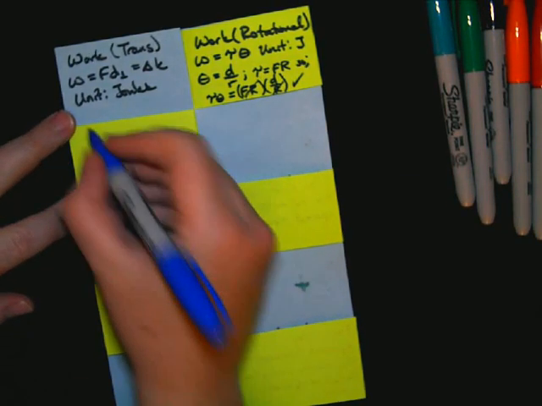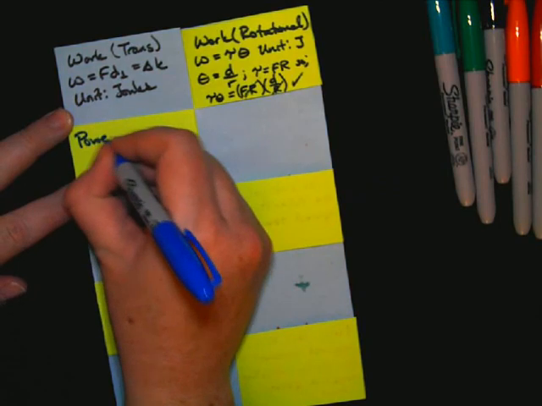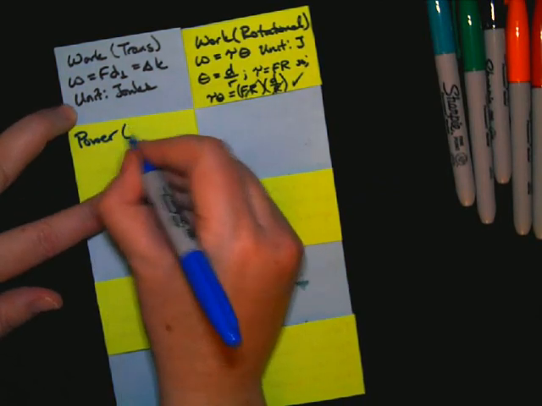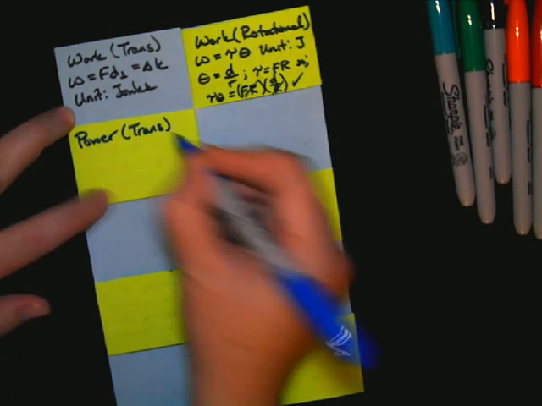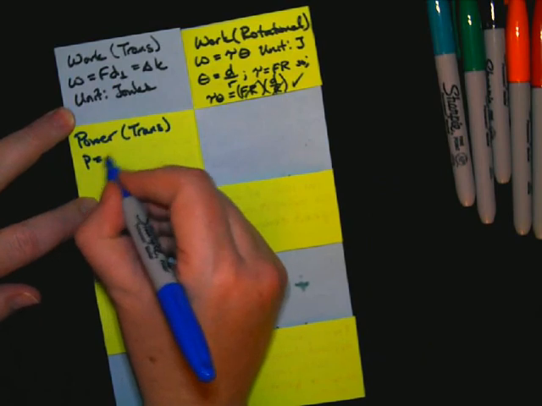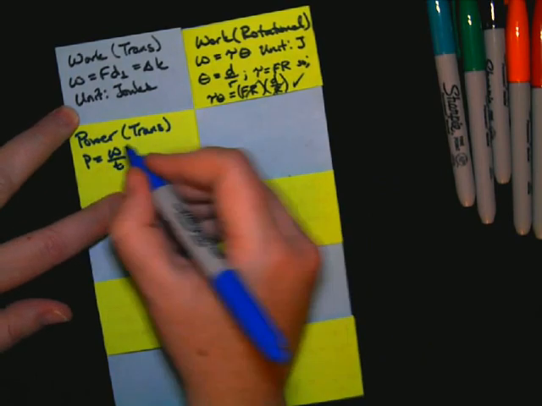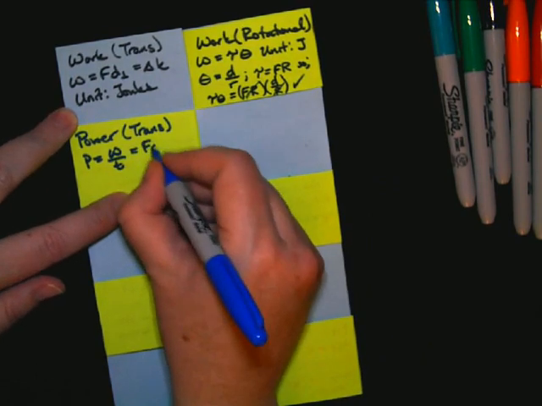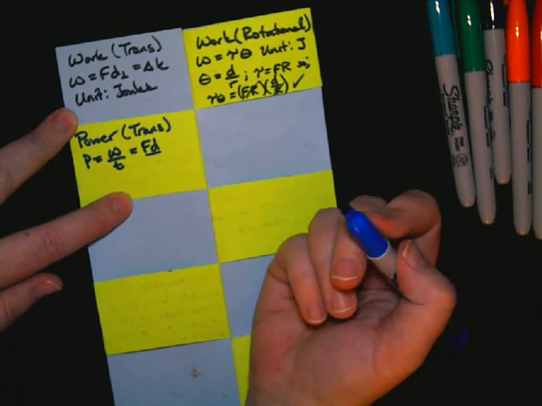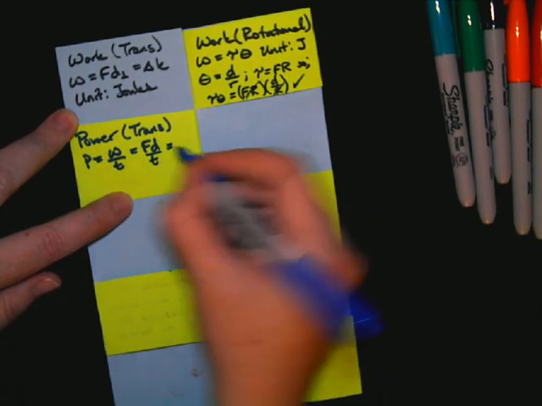All right, I know you're probably getting really tired. This is a lot of information. So now we're on to power. So we've done energy, work, and now power. So power for translational motion was P equals work over time, or force times distance, because we just saw that is work, over time, or distance over time is velocity.